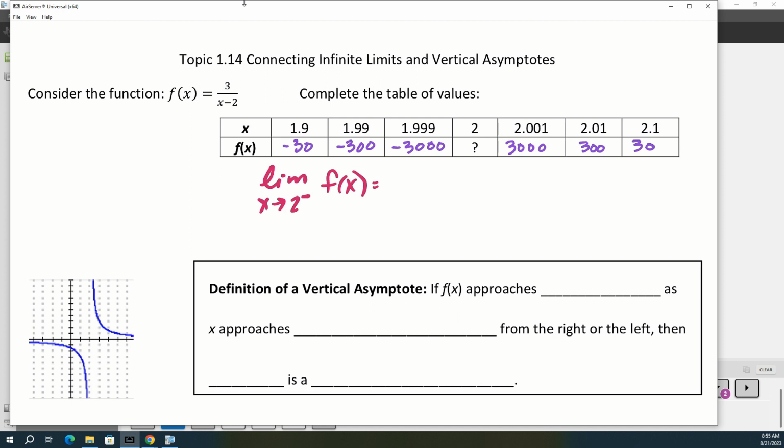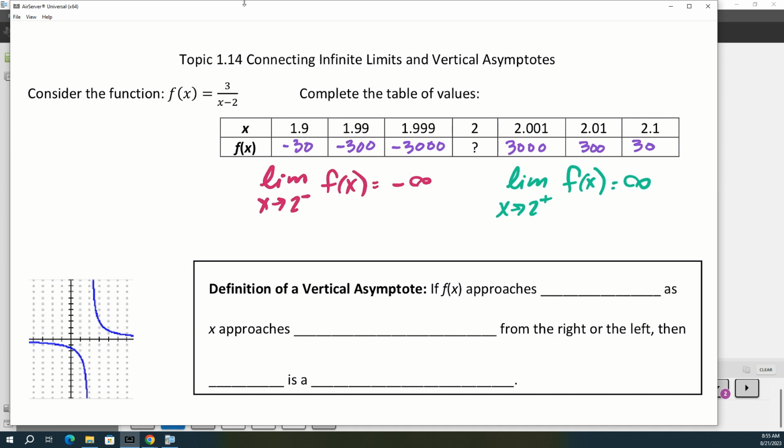If we are approaching 2 from the left side, which is going to be this side, what do you think the graph is approaching? Negative infinity. Very good. And then we're going to approach 2 from the right side, and that's going to be positive infinity.